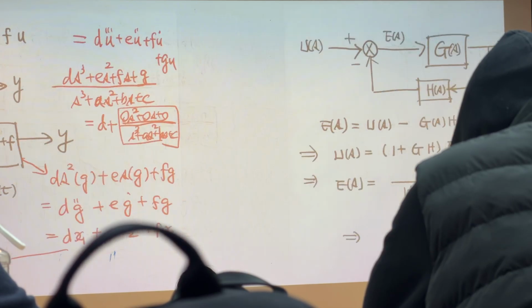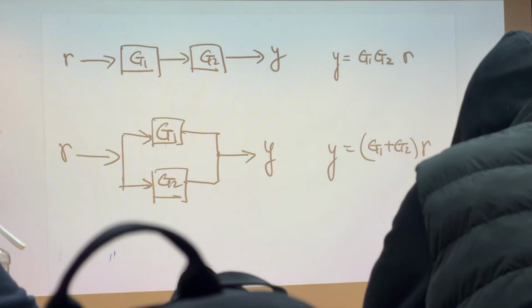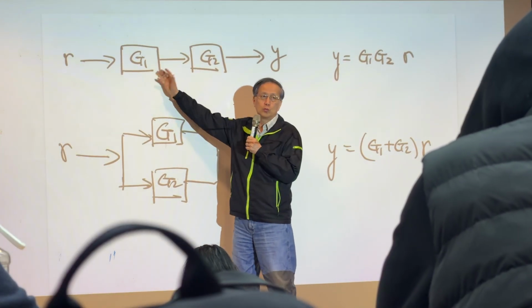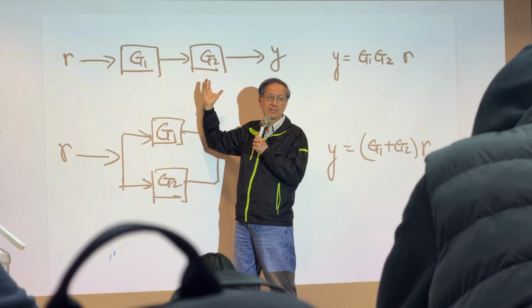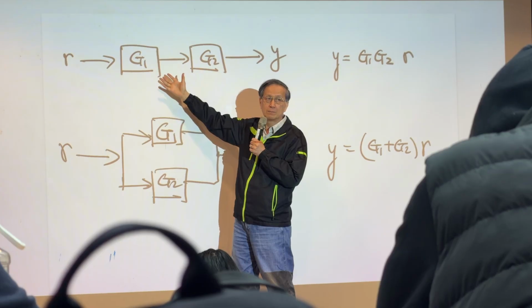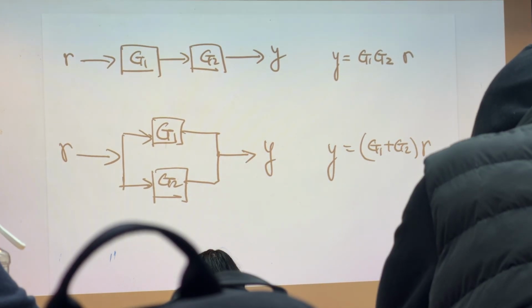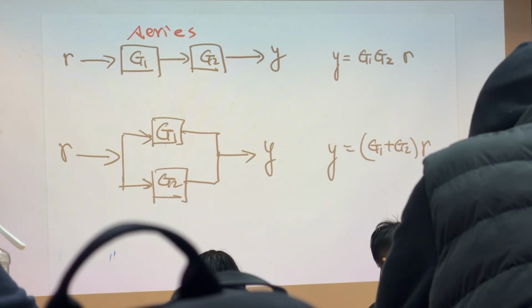So first of all, if we have two blocks like this, put together in series, this is what we call series. Let me write it down. This is called series, and this one is called parallel.